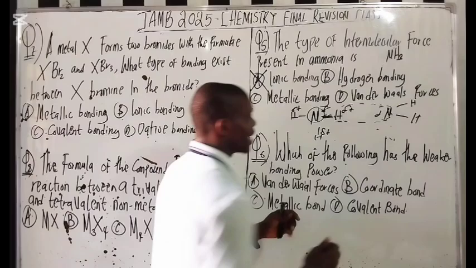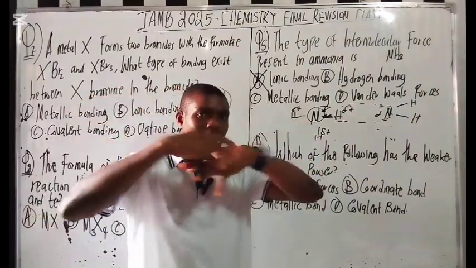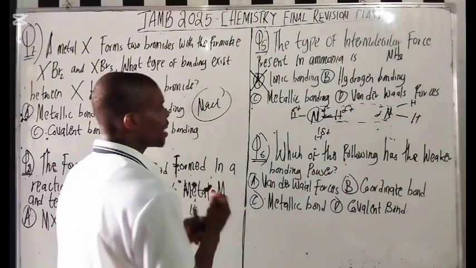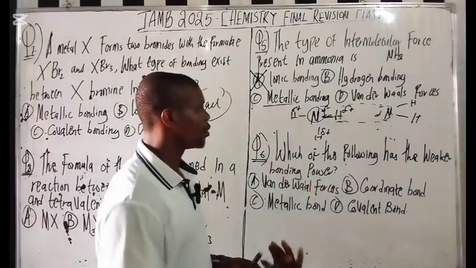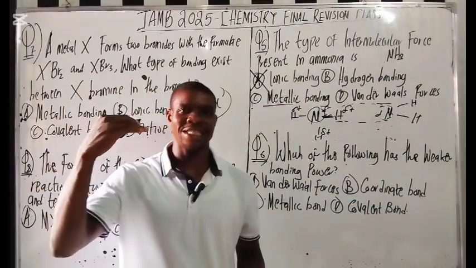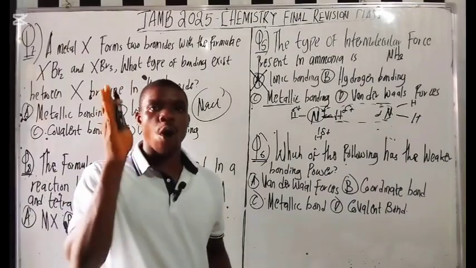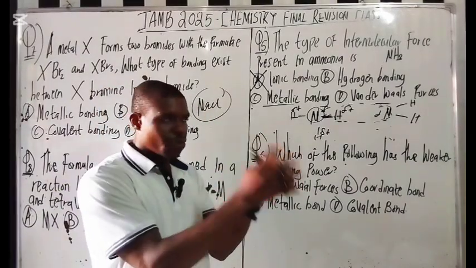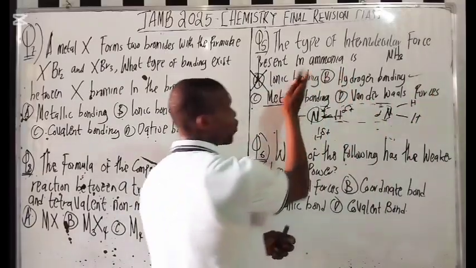Hydrogen bond, which I've explained, is the intermolecular force that holds 2 molecules together. It's not metallic bond. Metallic bond is formed between metals, so it's not metallic bond. It's not van der Waals force. Van der Waals force is the weakest force. So the bond that holds 2 molecules together is called hydrogen bonding. It can be the same kind of question in the exam.